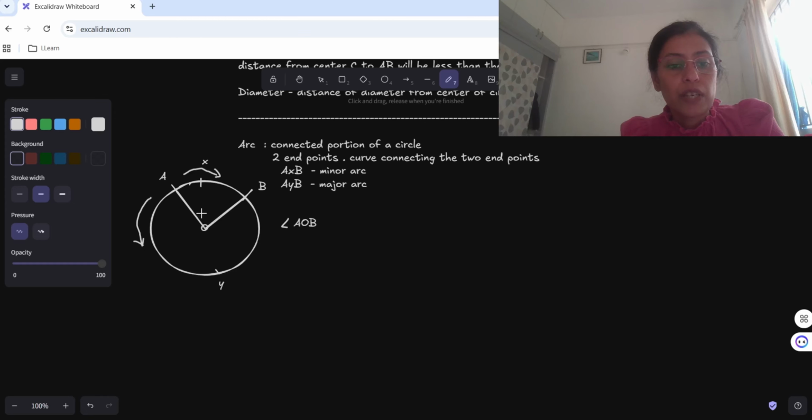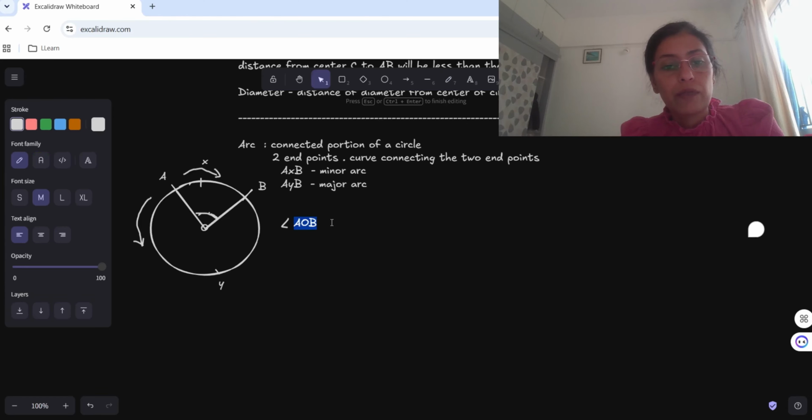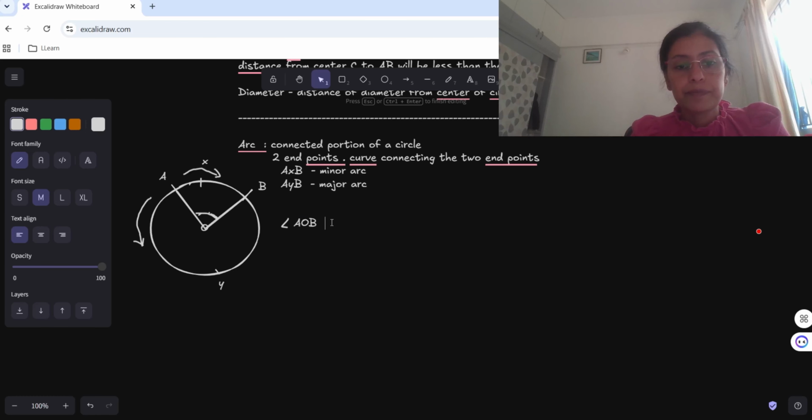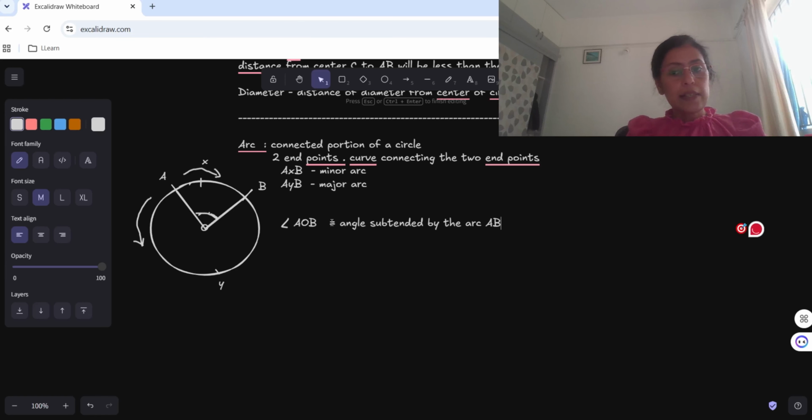So it forms this angle. This is the angle AOB, and we call this angle the angle subtended by the arc AB at the center of the circle.